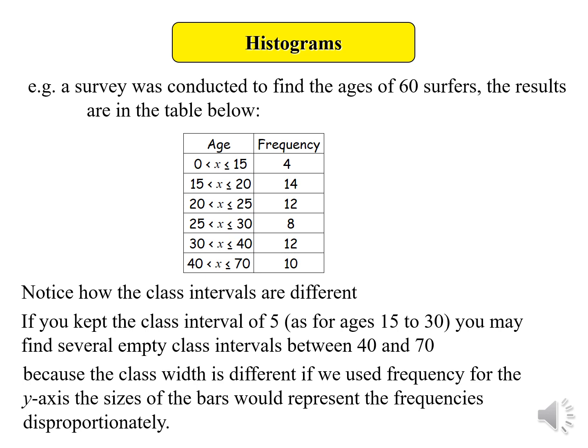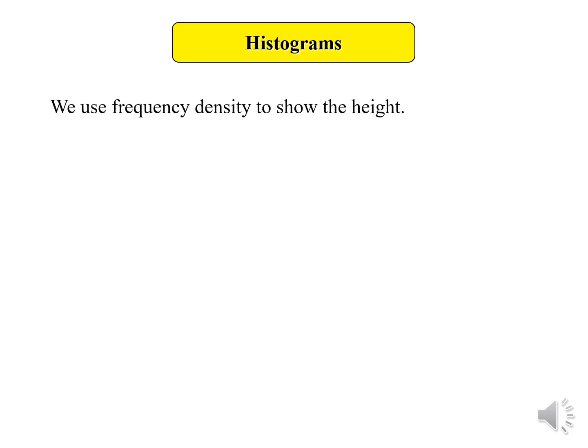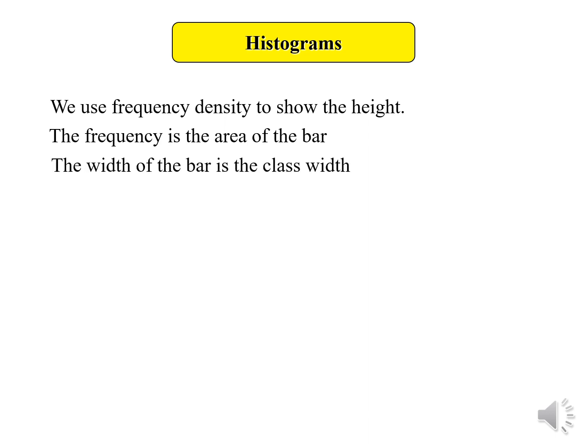Now we will see how to draw the histogram. First of all, frequency density is used to show the height of the bar, where frequency is nothing but the area of the bar. The width of the bar is nothing but the class width.